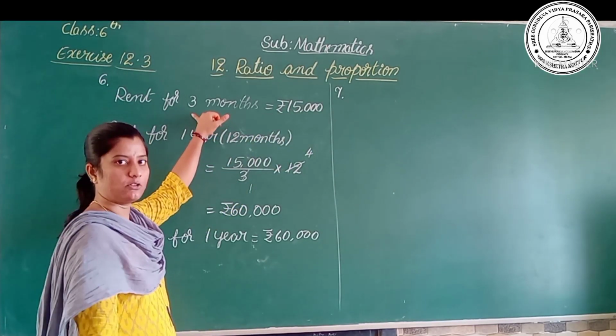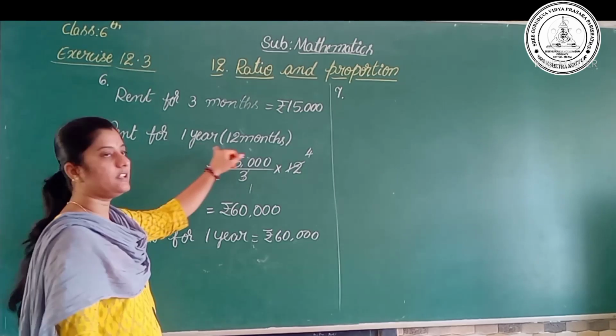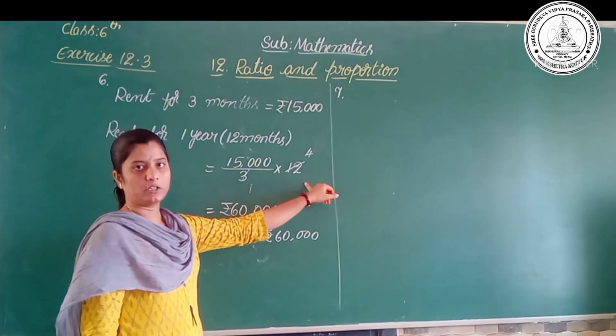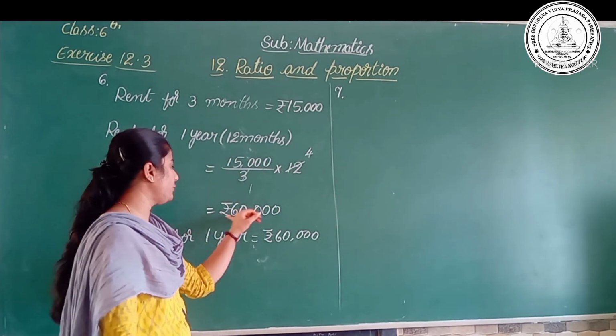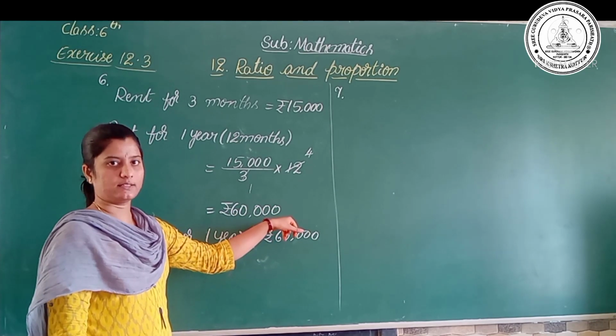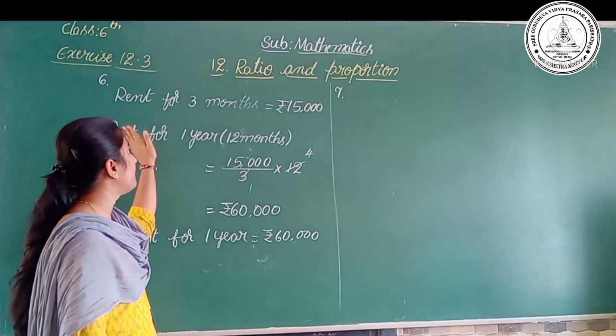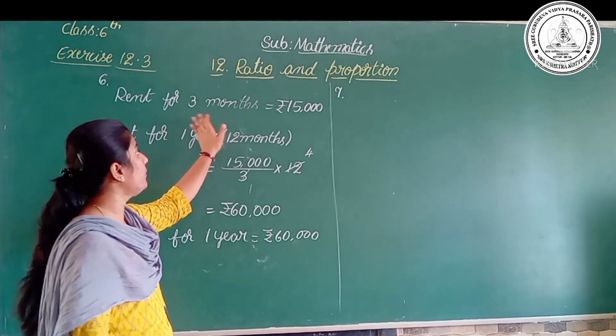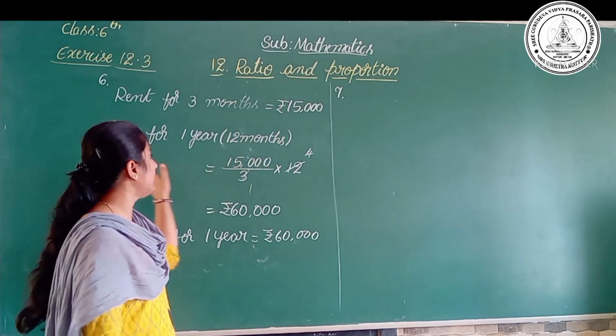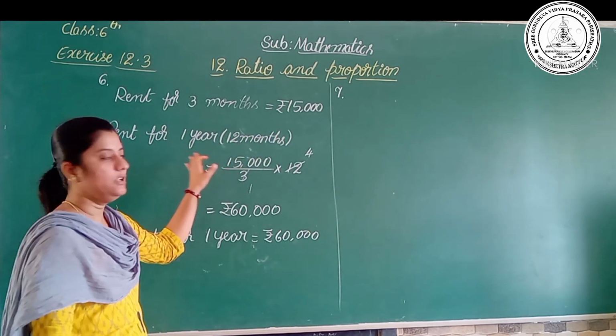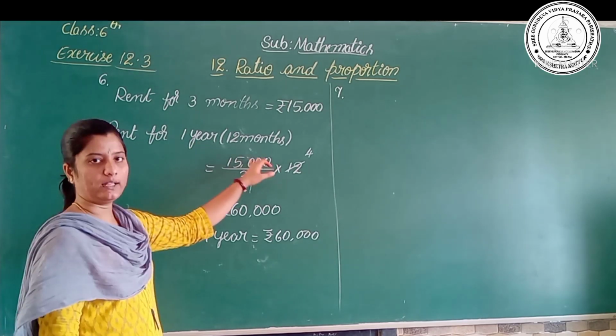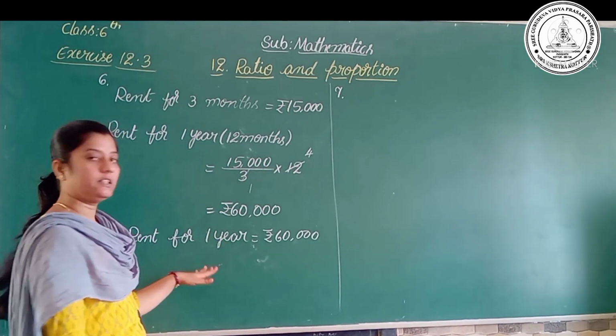We will get 5,000, and the rent for 1 year is 5,000 into 12. 12 fives are 60. Again you will get the same answer. So you can find it by first finding the rent for 1 month, or also directly find the rent for 1 year. Is it clear? Yes.